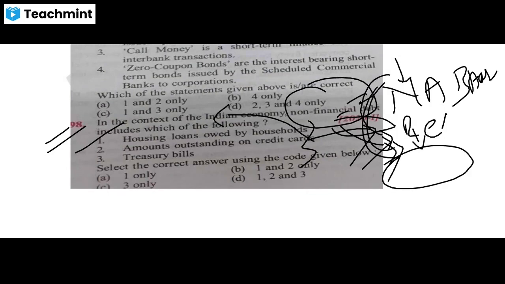The credit card amount you have is not to re-lend that money. Treasury bills are the same thing. So in the context of the Indian economy, non-financial debt includes all these three things: housing loans owed by households, amounts outstanding on credit cards, and treasury bills. So the option would be D, 1, 2, 3.